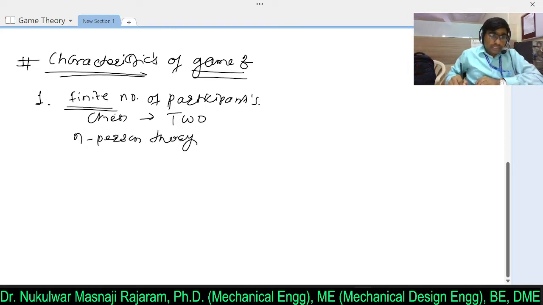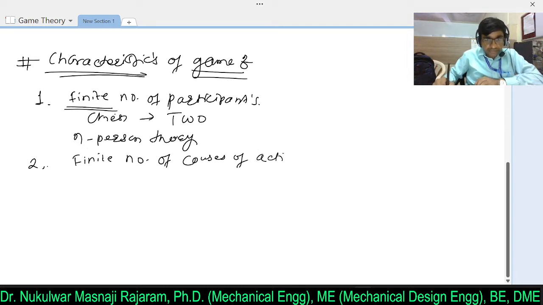Next, each participant has available to him a list of finite number of possible courses of action. We can say the strategy: each individual will have a finite number of different courses of action.